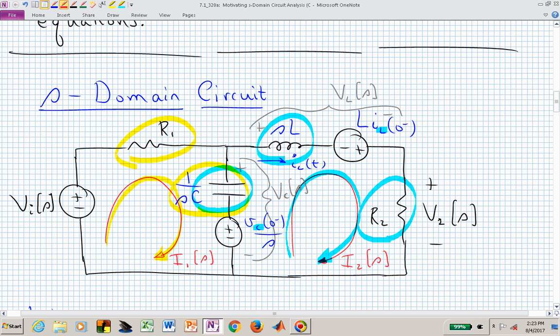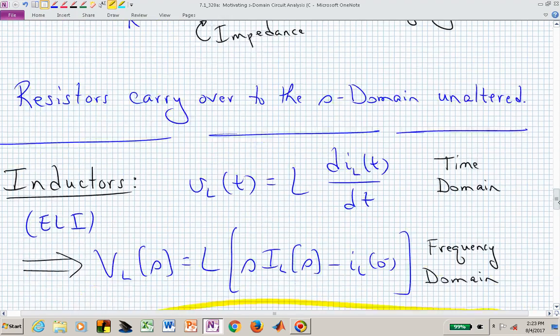Contrast that with this capacitor's initial condition voltage source. If I increase that, it actually tries to impede an increase in I sub 1, so I would subtract that voltage source, in terms of its algebraic sign, in my right-hand side expression in the top row.